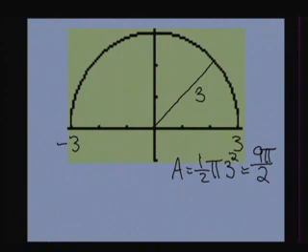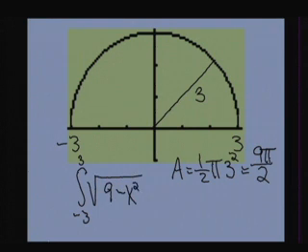What it means is that if I take my definite integral, which was negative 3 up to 3 of the square root of 9 minus x squared dx, that's going to equal 9 pi over 2. So that gives me the evaluation of the integral, and the evaluation of that integral is the area underneath its curve.